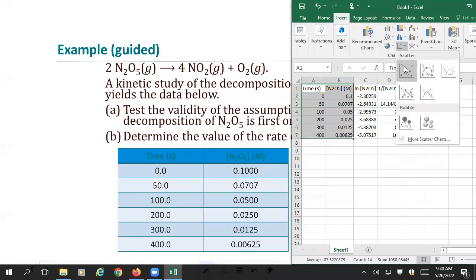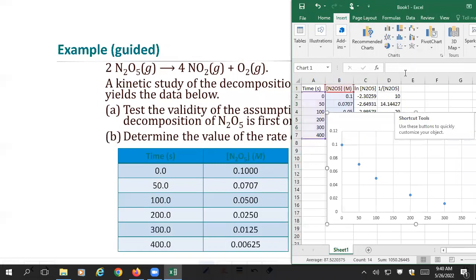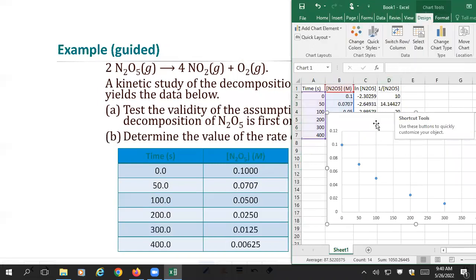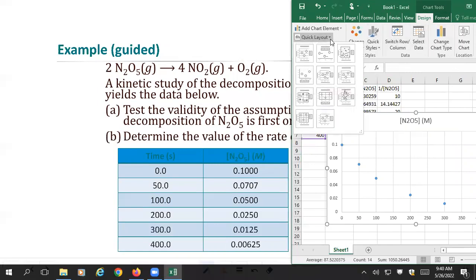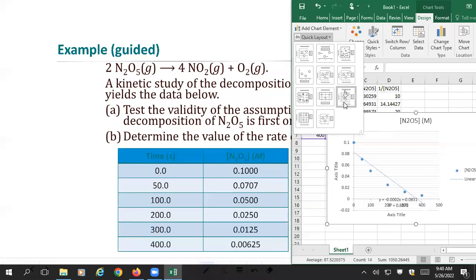Insert scatter plot. And then the quickest way to do it, one of the nice things about Excel, they have these quick layouts for you. Since we're looking at linear trends, this one right here with the fx in it, layout number 9, automatically assumes a linear trend, calculates the equation of the line and the R squared for you.